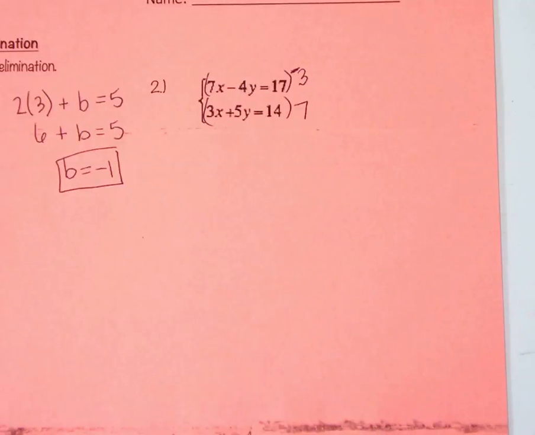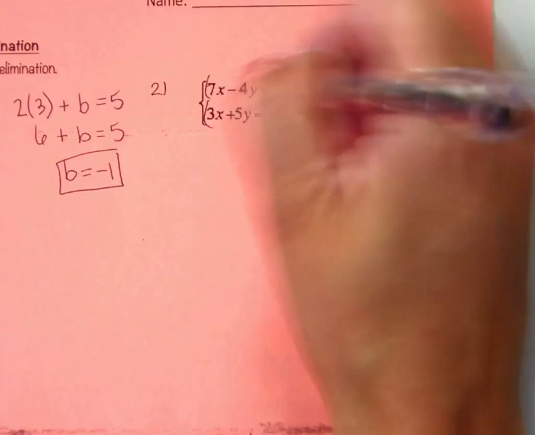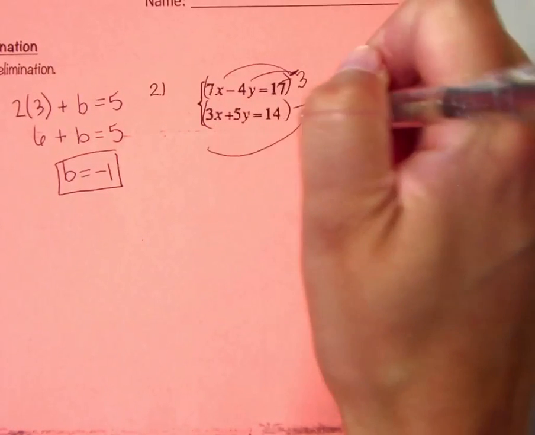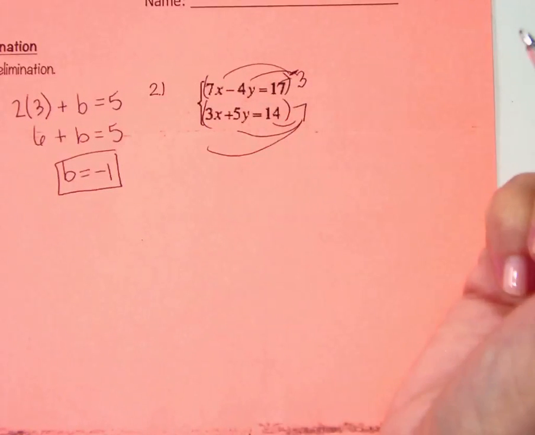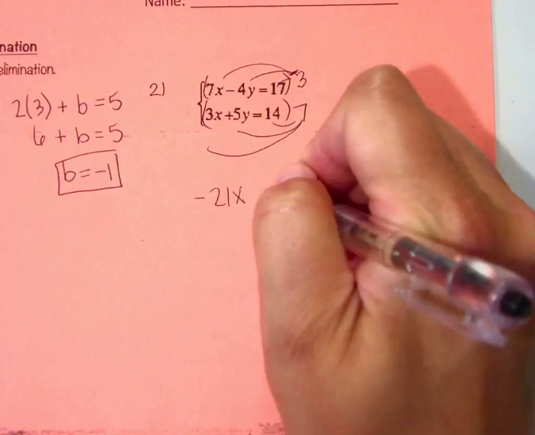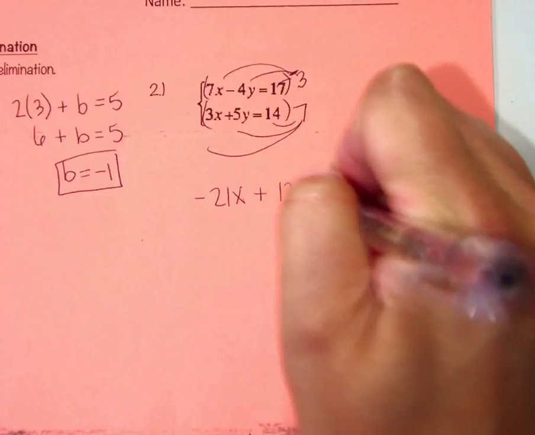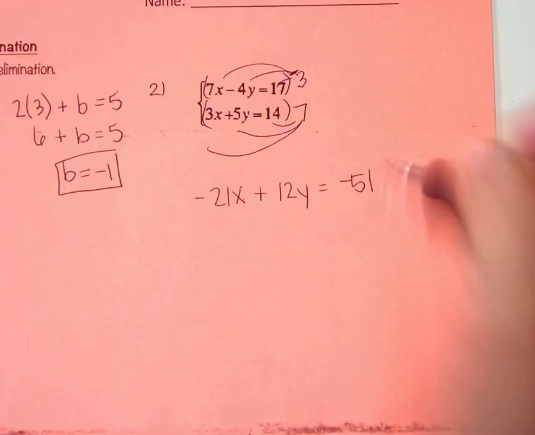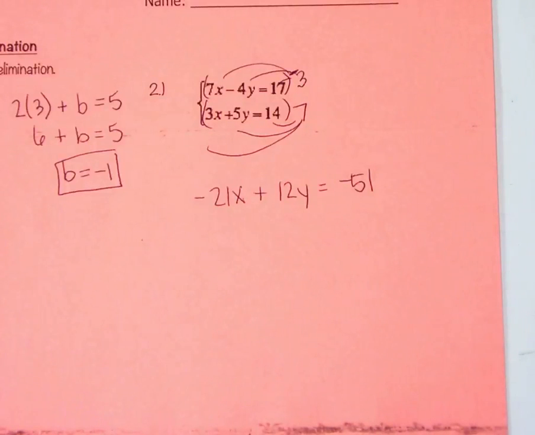So if you think ahead about when you would distribute, what do we end up with? A negative 21x and a positive 21x, right? Okay, I want you guys to go ahead and finish this. You have to distribute those numbers to everything in those equations. Watch your signs as well. Okay, so go ahead. We did the first one for you.